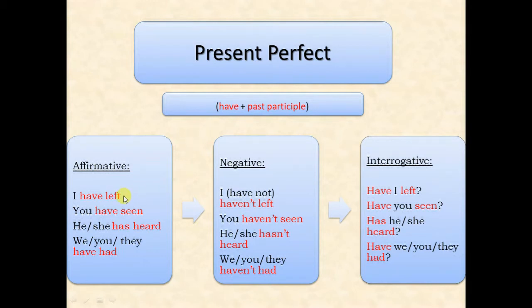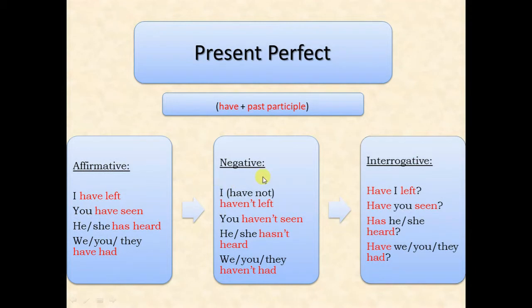Example, irregular verb. I have left. Have auxiliary, and the main verb is left in the past participle. You have seen, she has heard, we have had.